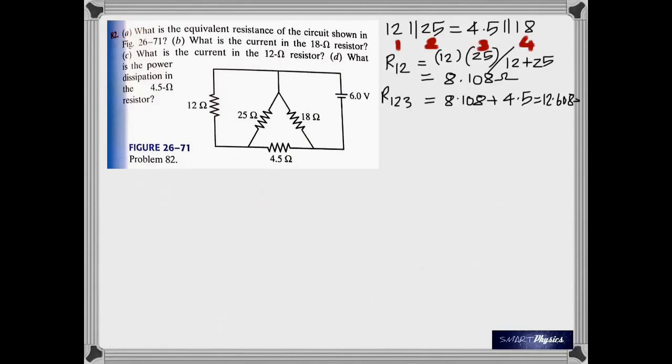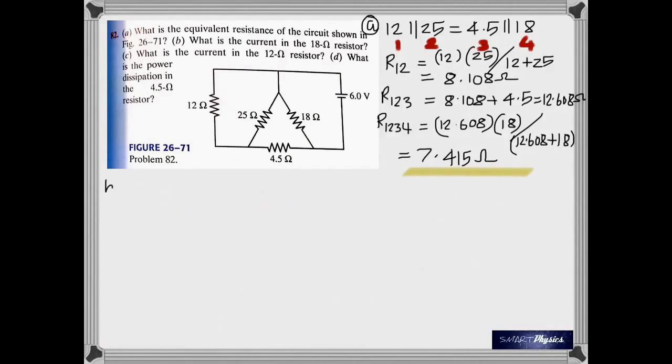And then the fourth one is in parallel with these three. So take the product by sum. And that gives 7.415 ohms. That's the A part.